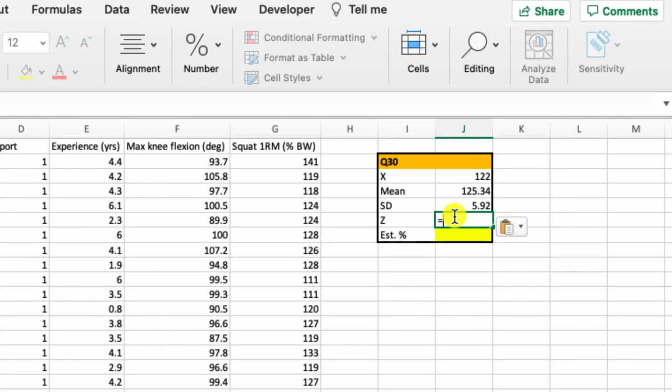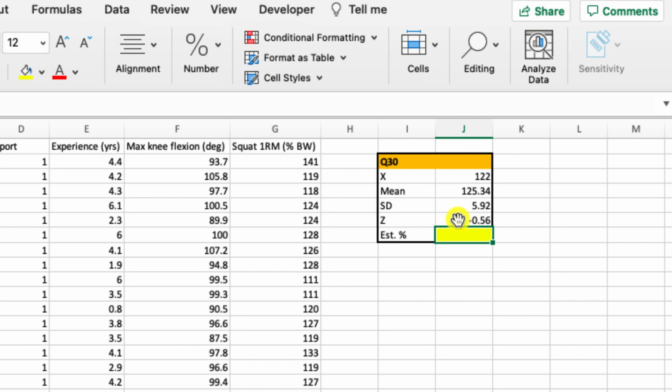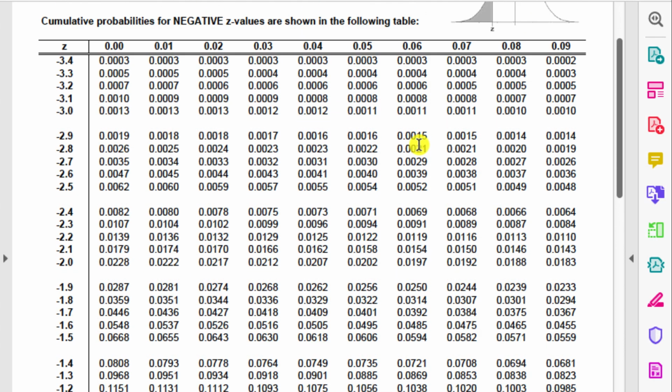Since I'm looking for an estimated percentile, I'm calculating a z-score, which we've already done an example of in this series of videos. So I take my raw score of interest, 122, subtract the mean, divide by the standard deviation. This gives me a z-score of negative 0.56, which I can look up on my z-table.